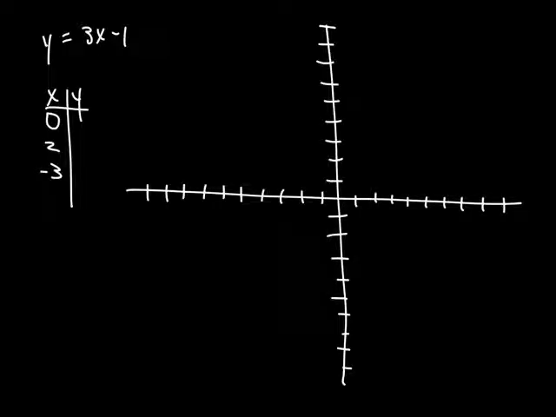So let's put in 0. y equals 3 times 0 minus 1. And because this is going to be 0, we can just get rid of that. So y is negative 1. So if we graph that, we go left to right from the origin, 0, and we go down 1. So there's my point right there.